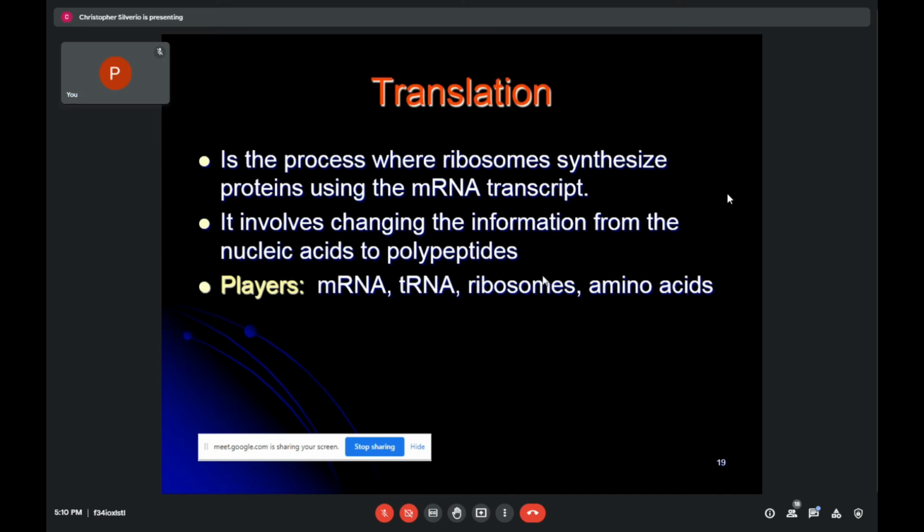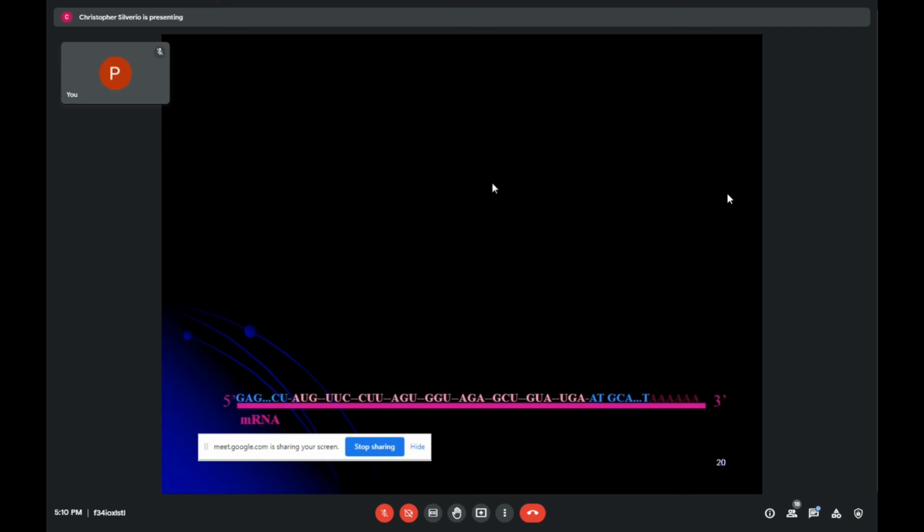What are the key players? The messenger RNA, the transfer RNA, ribosomal RNA, and the amino acids. These are the key players in the translation process.